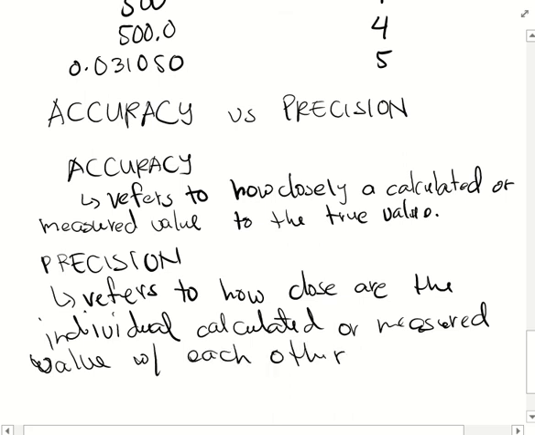So when we say precision, the true value doesn't matter. When we say accuracy, the true value matters.